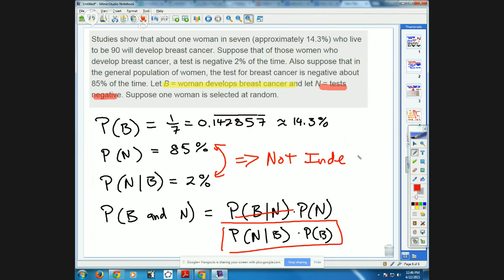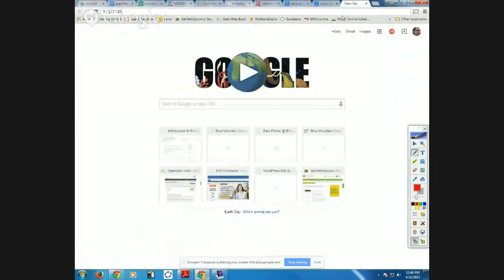That's not exactly right, but it's close. So these are not independent events. That means to find this, I have to take that 2% and multiply it by my 1/7 and see what I get. That's a different calculation than I did before.